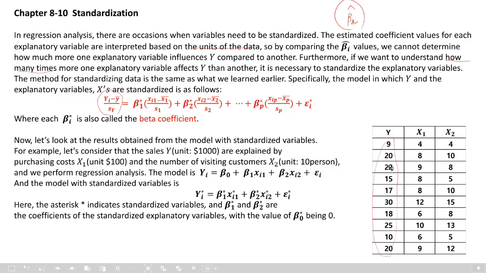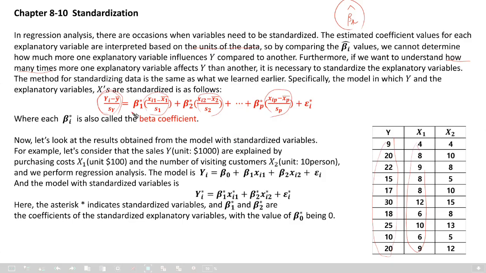There is y bar, and there is the standard deviation of y, sy. So (yi minus y bar) divided by sy. Then x1 can also be standardized: x1 minus the mean of x1, divided by s1, the standard deviation of x1. x2 is also standardized, up to xp.